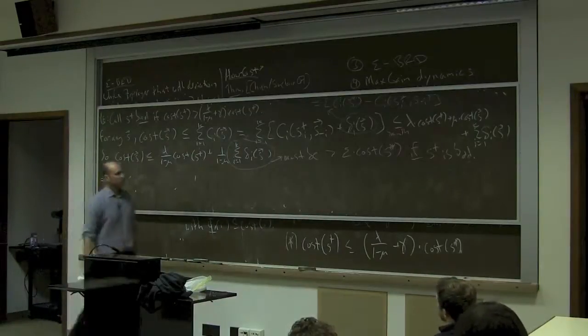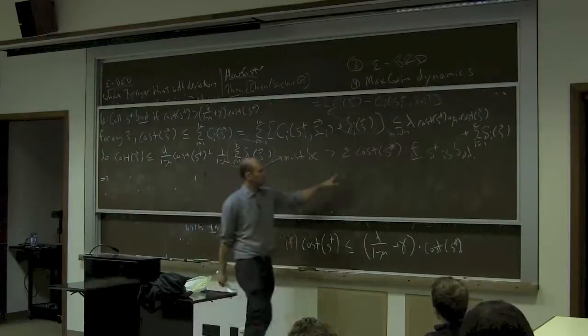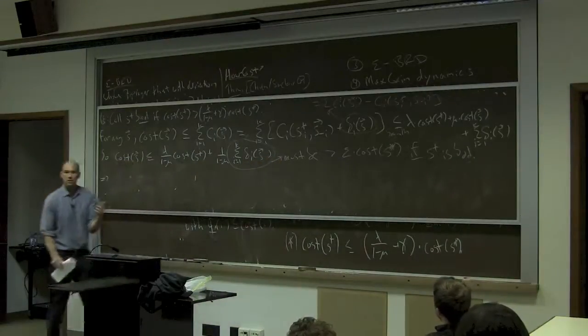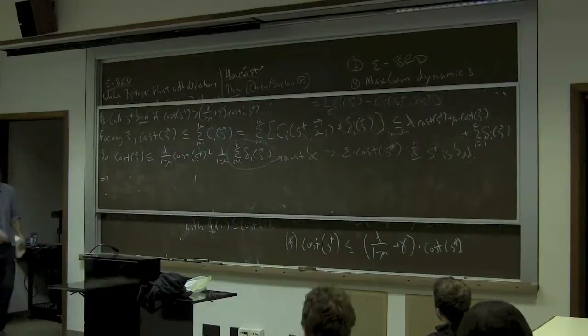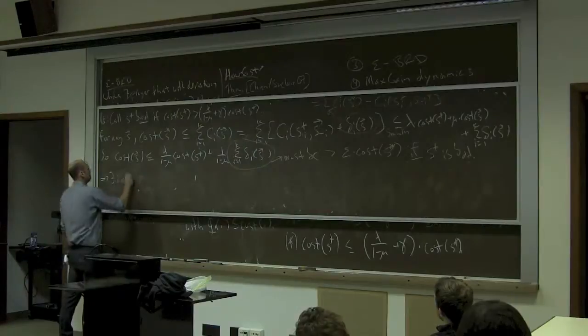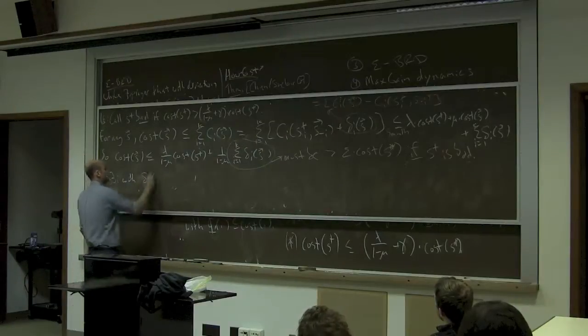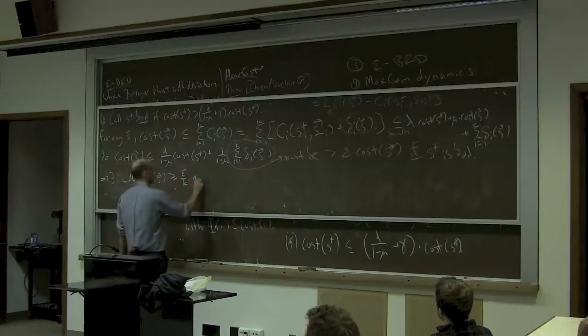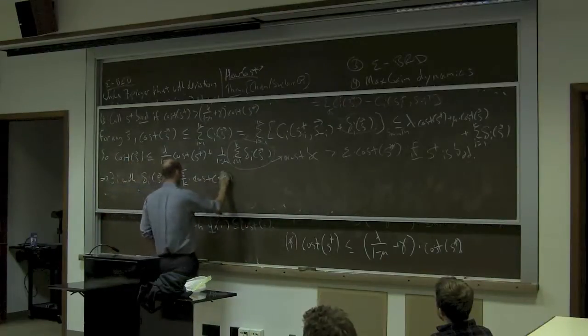Well, in a bad state, if the sum of the deltas, the sum of these deviations, is at least epsilon times cost S star, there exists a player whose deviation is at least the average, so that loses the factor k. So there exists I with delta I S at least epsilon over k times the cost of S star.